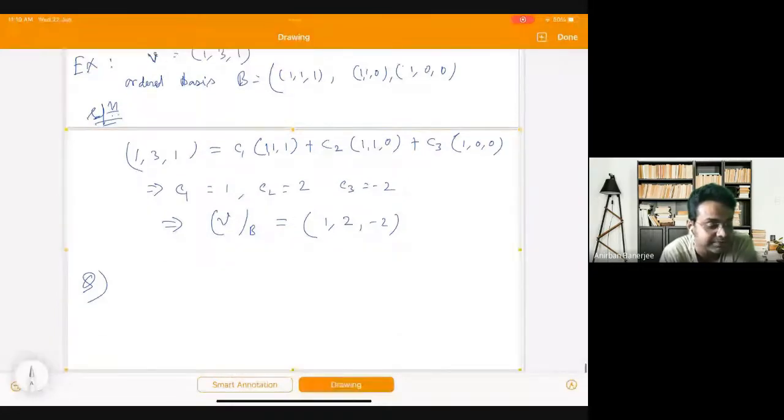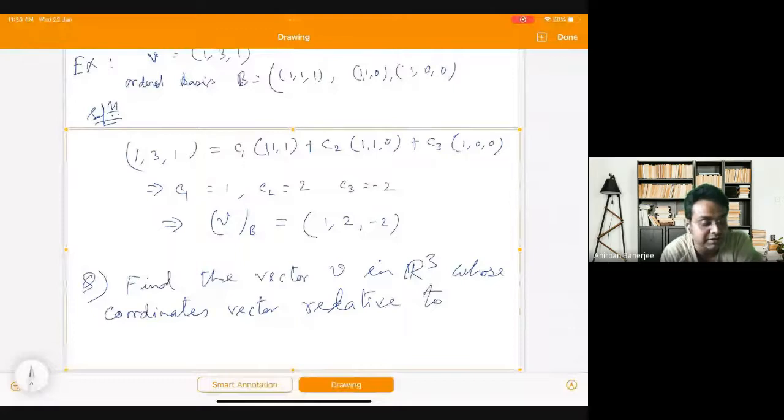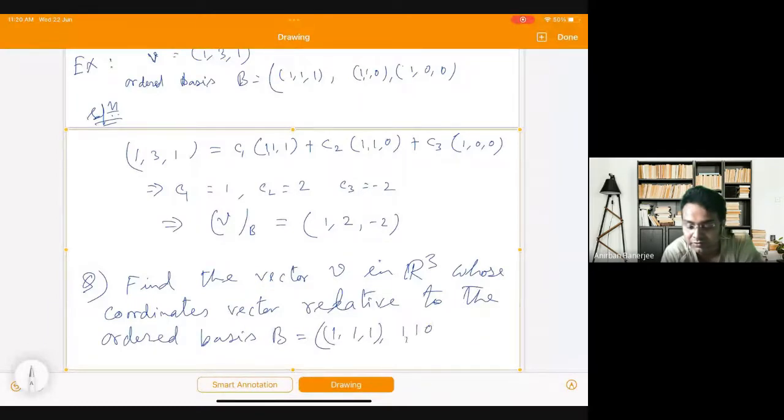This is just the opposite. Let's say find the vector v in R3 whose coordinate vector relative to the ordered basis B is given, where B is 1 comma 1 comma 1, 1 comma 1 comma 0, and 1 comma 0 comma 0.